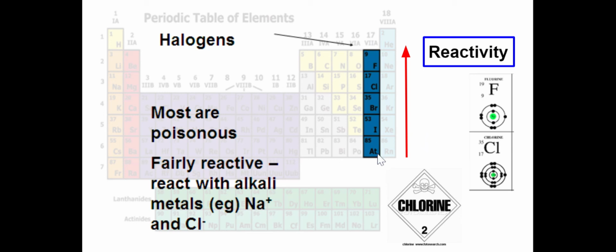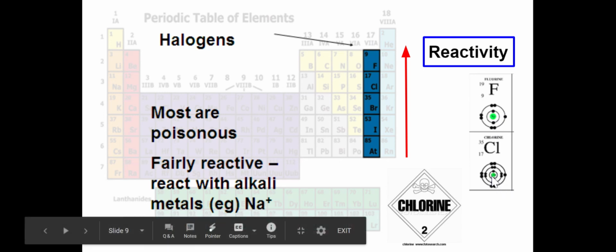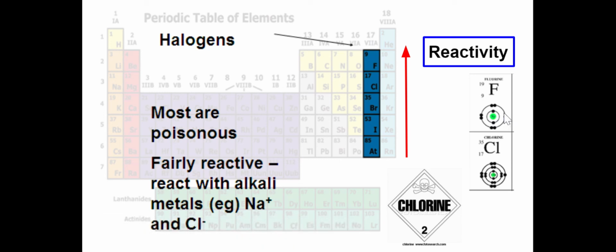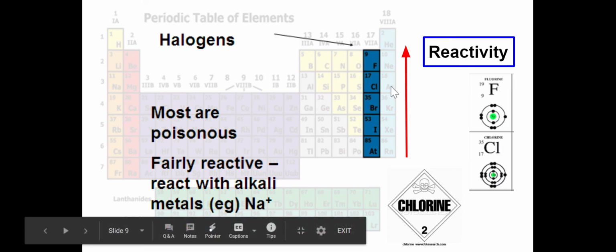Compared within this group, fluorine is the most reactive because it has less shielding. It only has one inner layer, and this one has two inner layers. With less shielding, there's more attraction between the nucleus and the electrons, so it's easier to receive one, from fluorine to chlorine to the others.